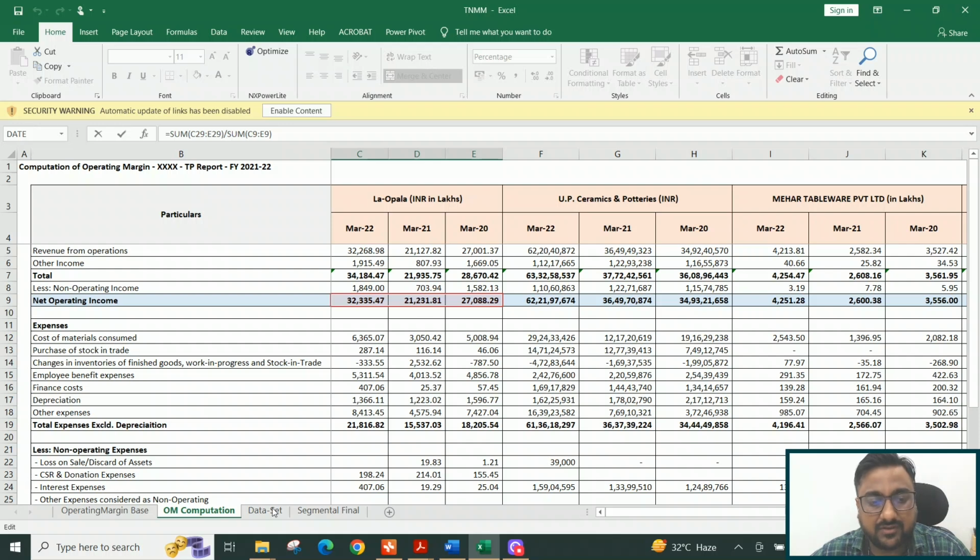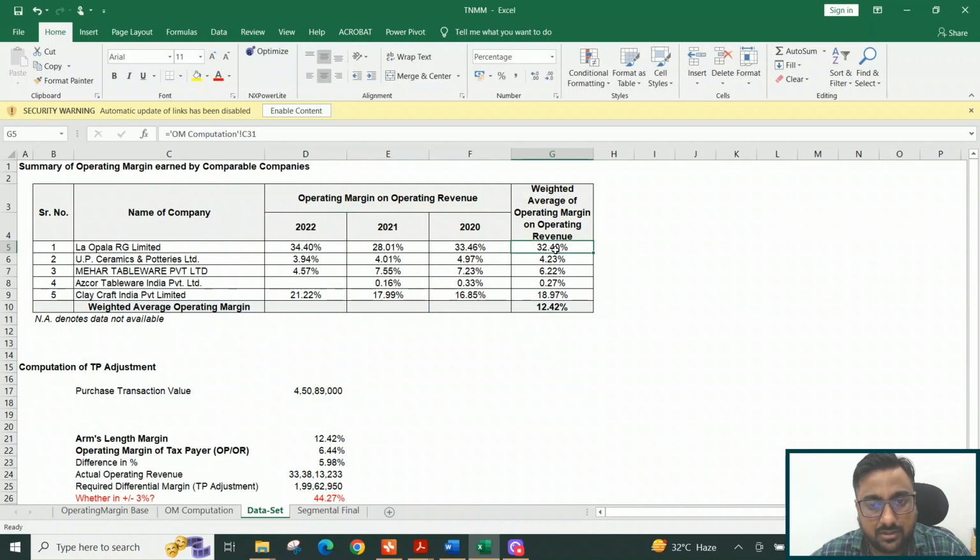So that is how I have arrived at a weighted average operating margin on operating revenue. Then as the number of comparables is less than 6, what I have done is derived an arithmetic mean of all comparables.